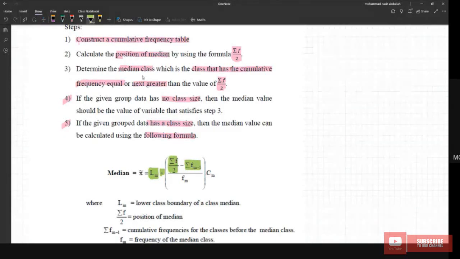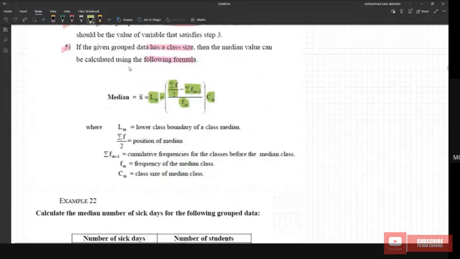Then divide by Fm, which is the frequency of the median class, and multiply with Cm, which is the class size of the median class. So again, Lm represents the lower class boundary of the median class.